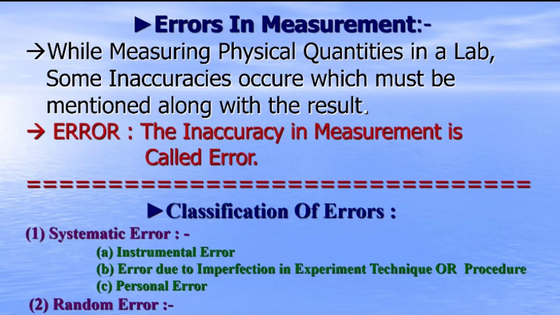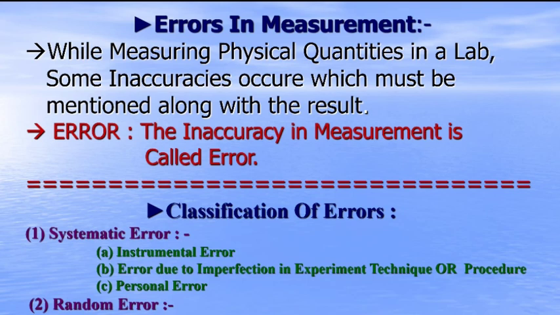Now, errors in the measurement. While measuring physical quantities in a lab, some inaccuracies occur which must be mentioned along with the result. The inaccuracy in measurement is called the error.